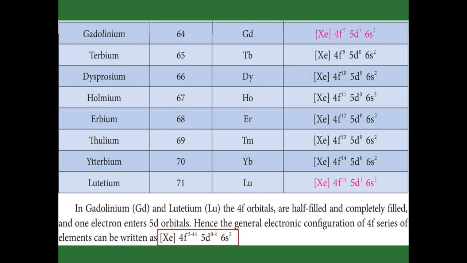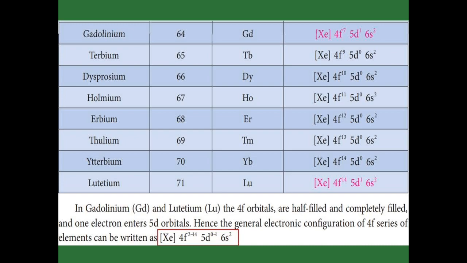So we can now write the general electronic configuration: up to 54 is the xenon configuration. Afterward 4f has 2 to 14 electrons, and 5d contains 0 to 1 electron.